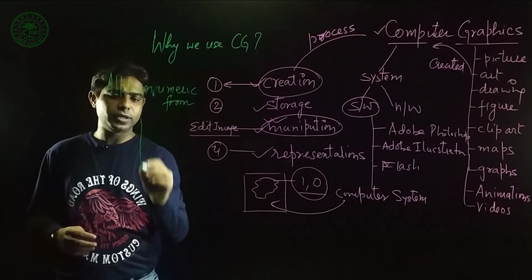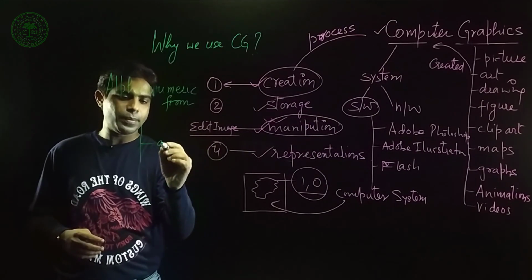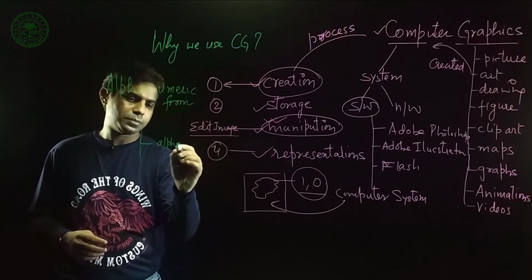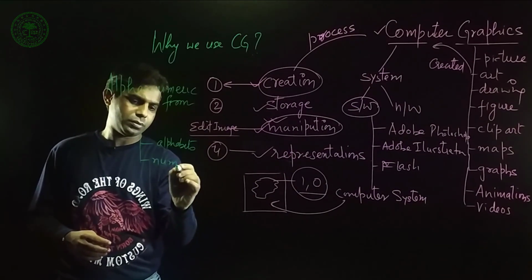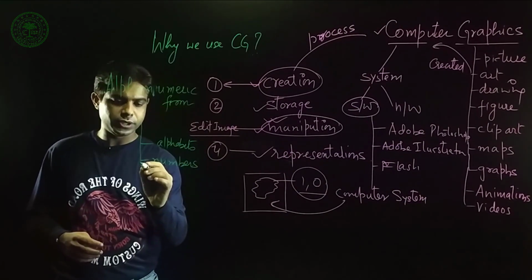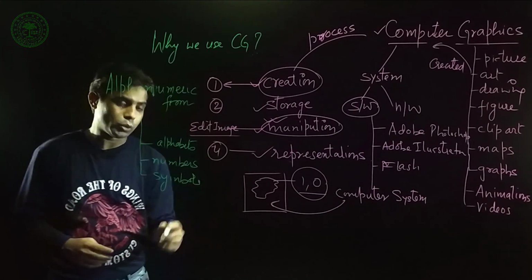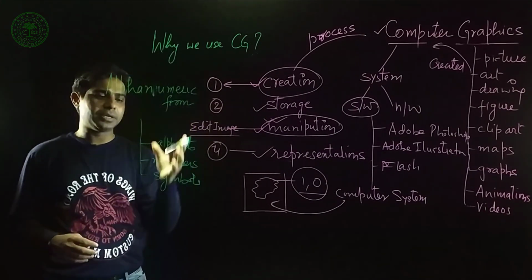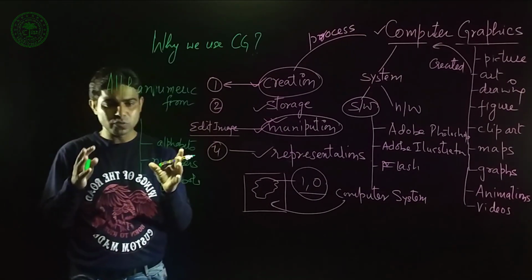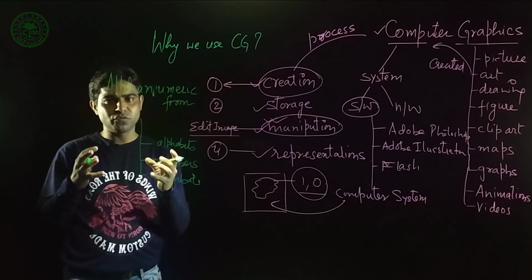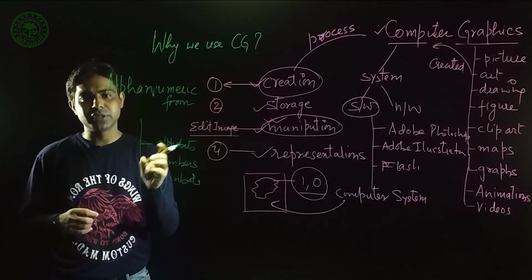Alphanumeric means a textual representation in terms of alphabets, numbers, or certain symbols. So in earlier days, we used to represent the data in terms of alphabets, numbers, and symbols. So it was very difficult to retrieve or perceive the information out of this textual data representation.